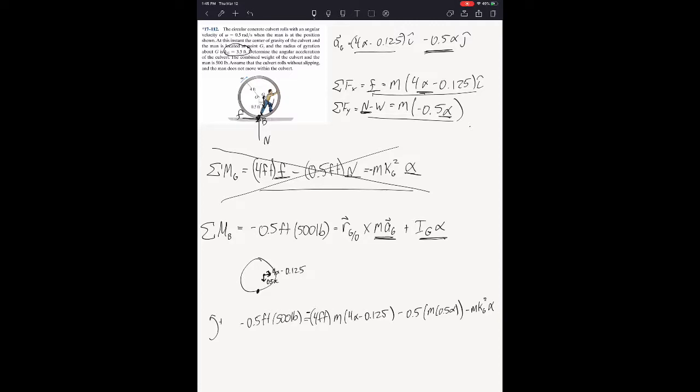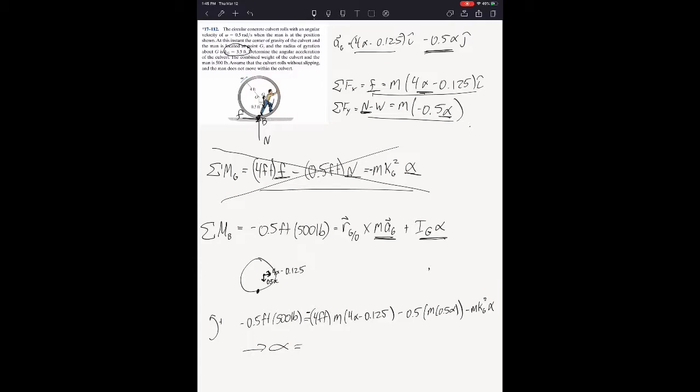This equation is one equation, one unknown, and it can totally be solved. I'm going to go ahead and throw this into my calculator and find alpha. So here we go. Negative 0.5 times 500 equals negative 4 times, what's m?